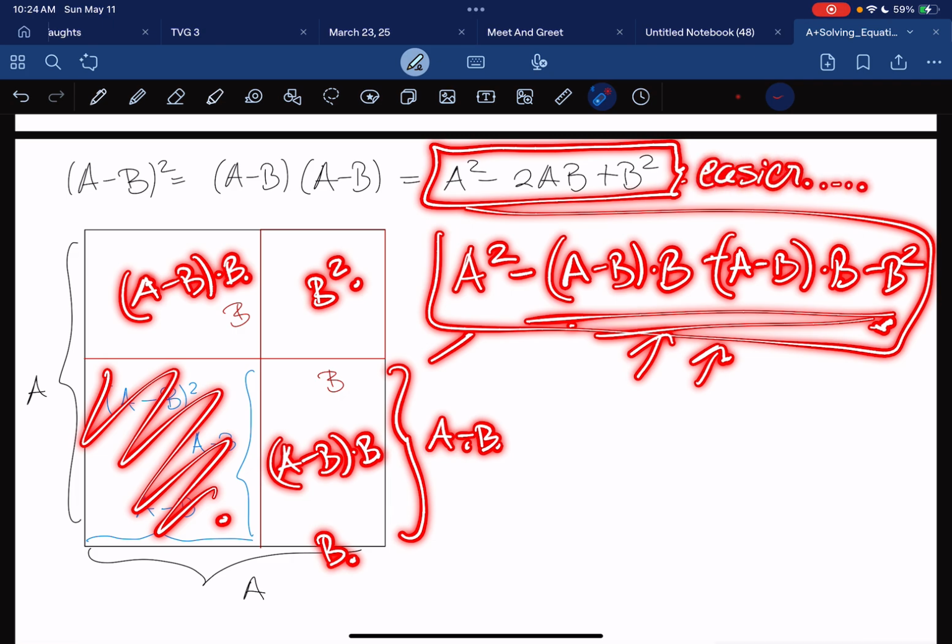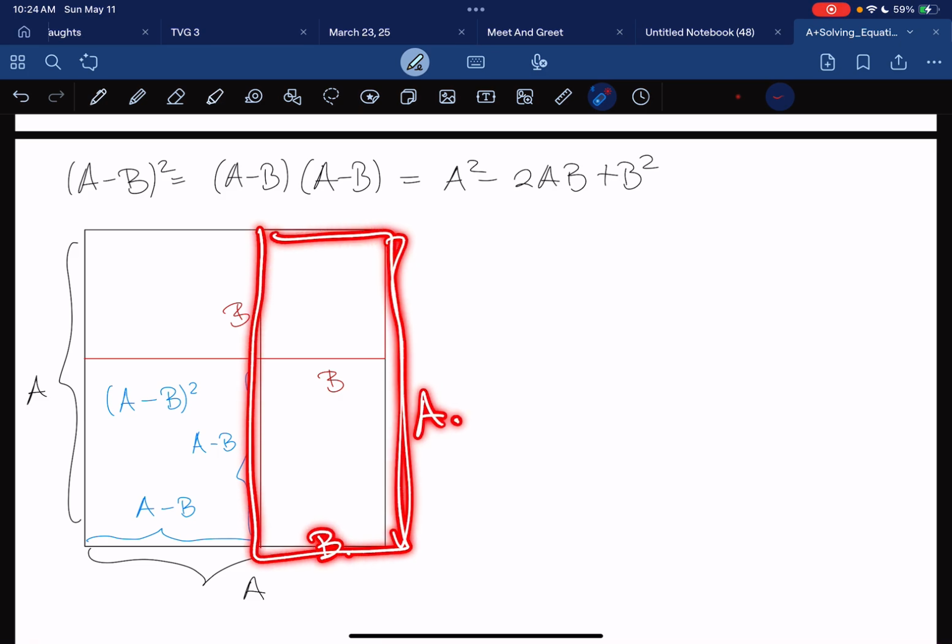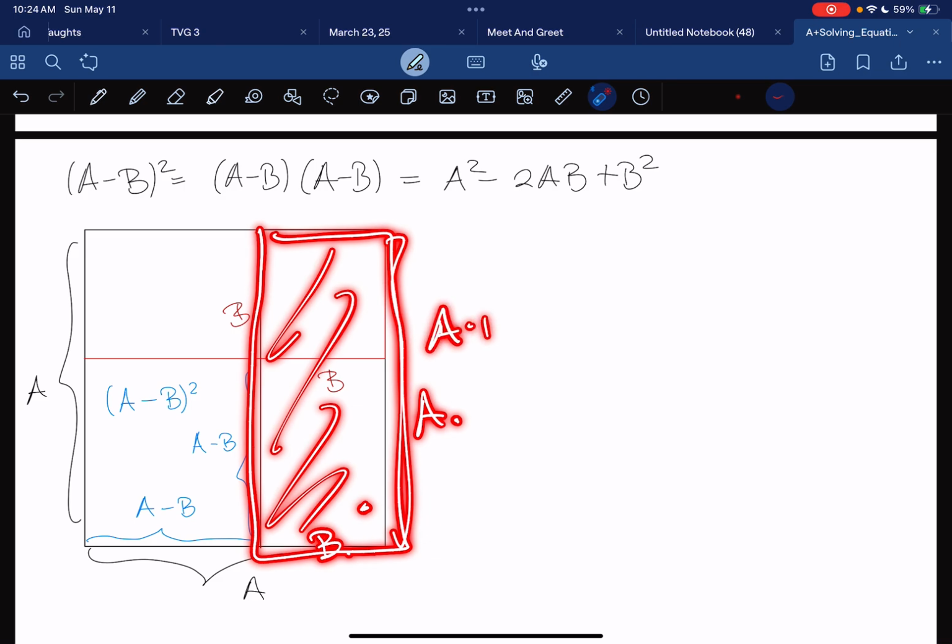Okay? And so let me just give you a brief summary of what it does. So we have our base, which is b, and we have our height, which is a. And we're just going to subtract by this whole thing, which has area a times b, right? Okay.